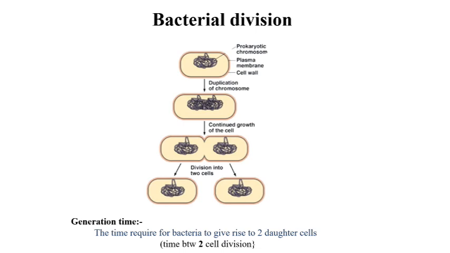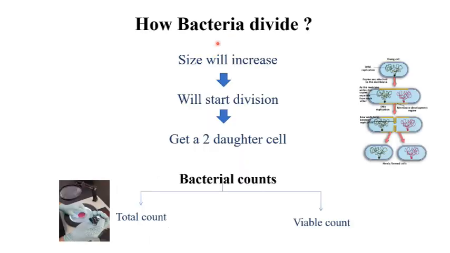So how bacteria divide, that we already discussed. First, the size of the bacteria will be increased, and after that the cell division takes place, and two daughter cells will be formed. Two identical daughter cells will be formed by simple binary fission. There are two types of bacterial counts. One is the total count and the other is the viable count. Total count means the total number of bacteria present in a medium.